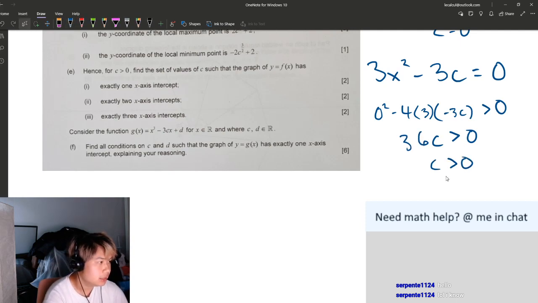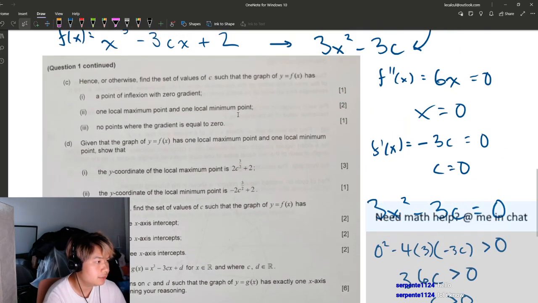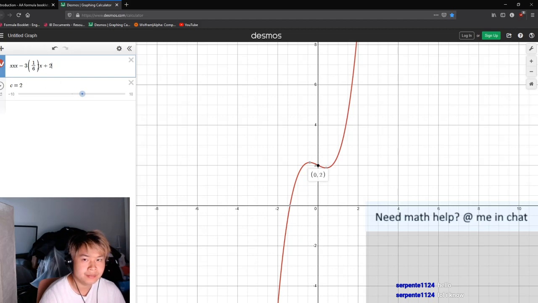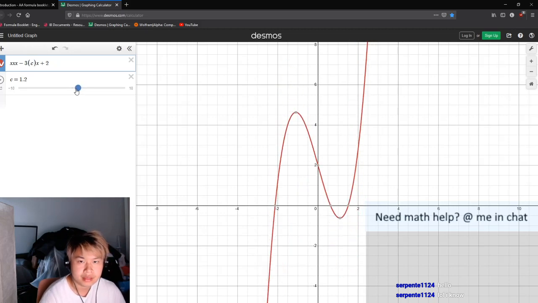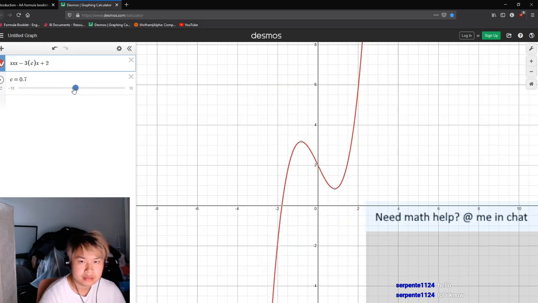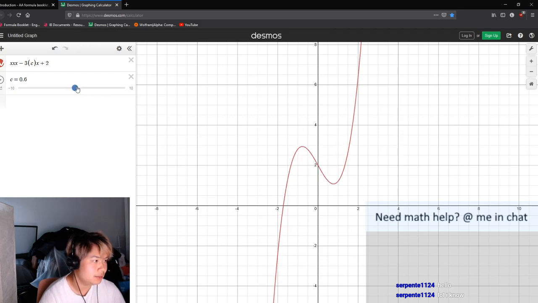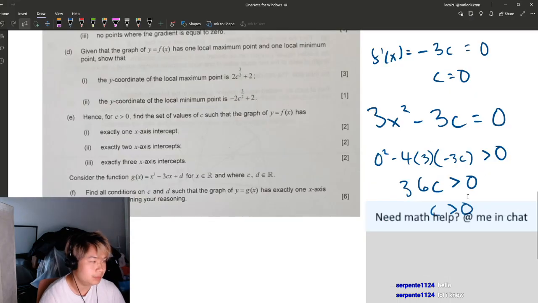So if c is positive, we're going to have a maximum point and a minimum point. And you can see that with the slider as well. Okay, here's 0, right? You can see it has a gradient of 0 here at the inflection point. And then as long as c is positive, we begin to have a maximum point and a minimum point. So that makes sense.